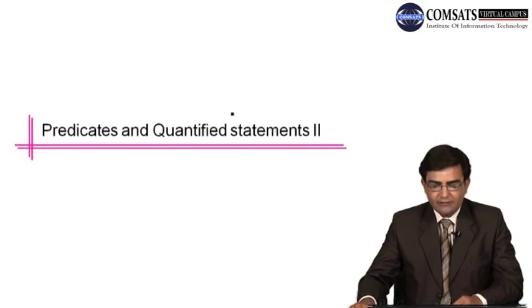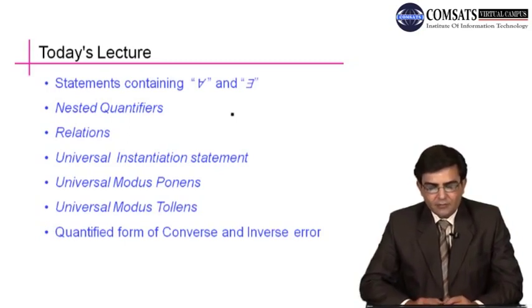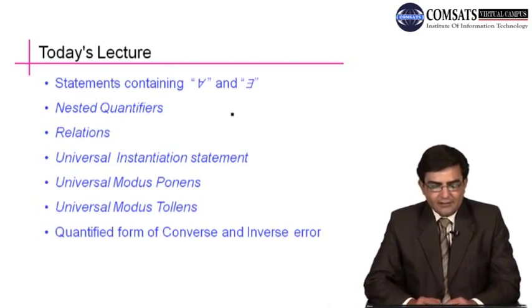Today we are continuing this topic, predicates and quantified statements two. In today's lecture we discuss mainly the statements containing both universal and existential quantifiers, and then nested quantifiers and the relationship between for all and there exists, that is universal and existential quantifiers.